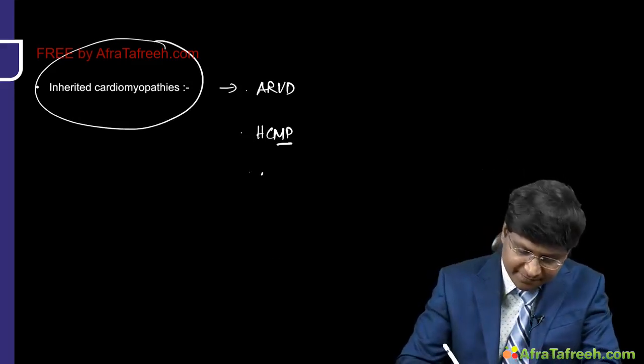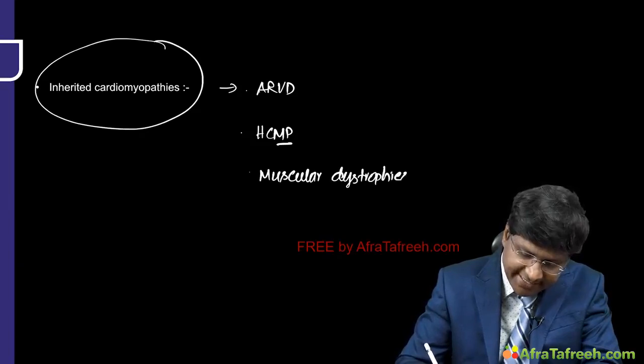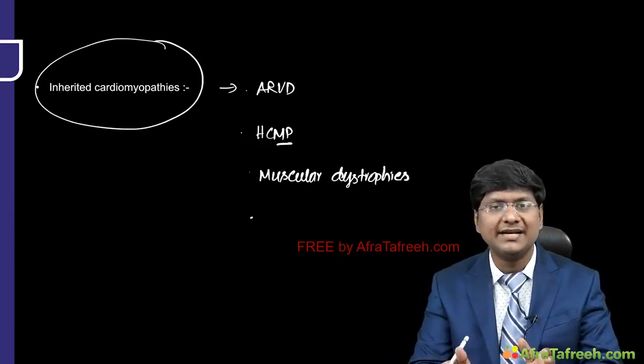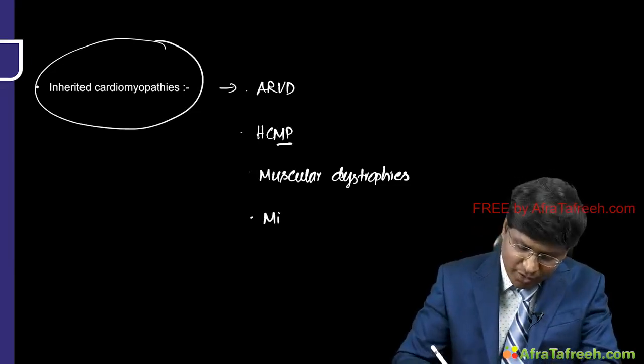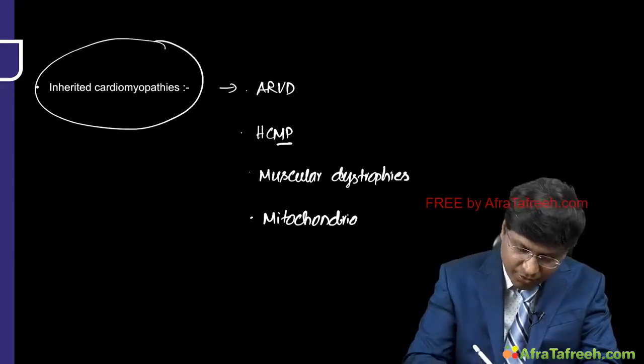Then we have some muscular dystrophies, and these are responsible for dilated cardiomyopathy, like Duchenne's muscular dystrophy or myotonic dystrophy. They cause dilated cardiomyopathy causing heart failure. Then we have some mitochondrial disorders or mitochondrial myopathies, like Kearns-Sayre syndrome.